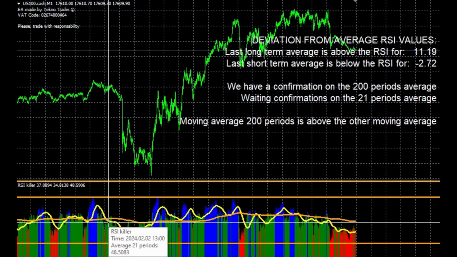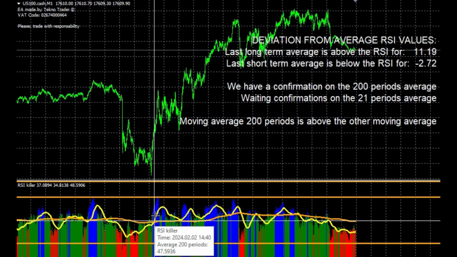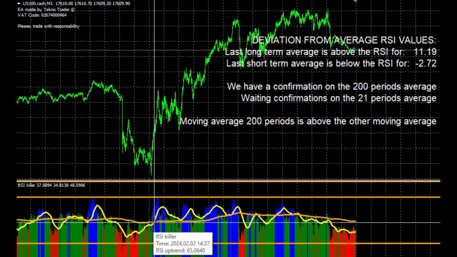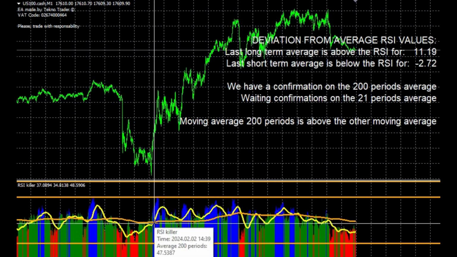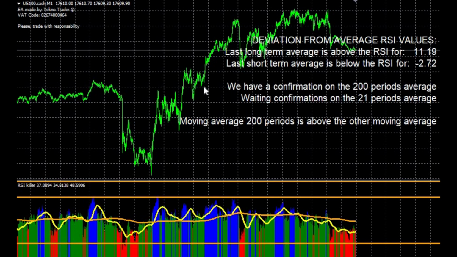The 21 was below the 200 and then the price dropped. Or here, the 21 was above the 200, then boom, a nice upturn.